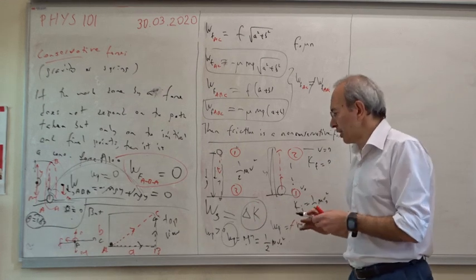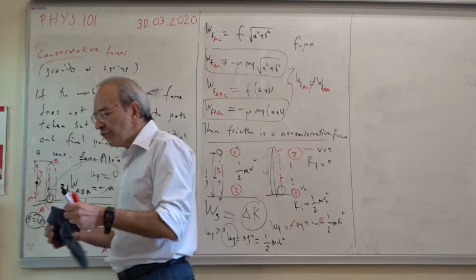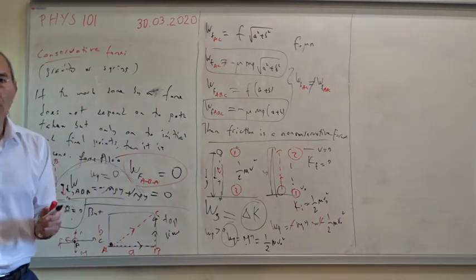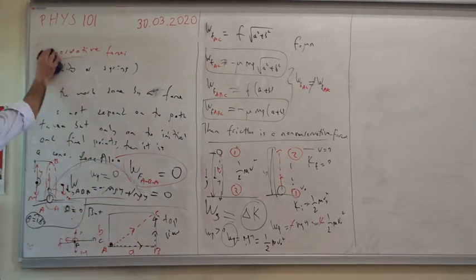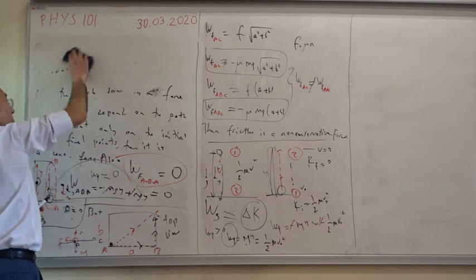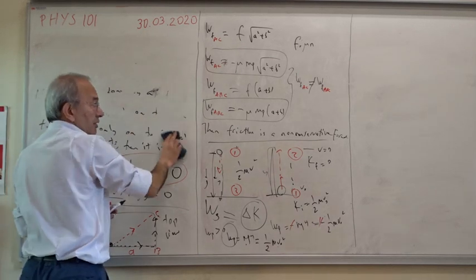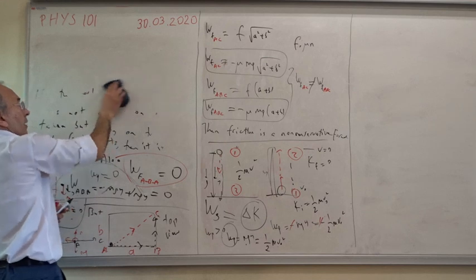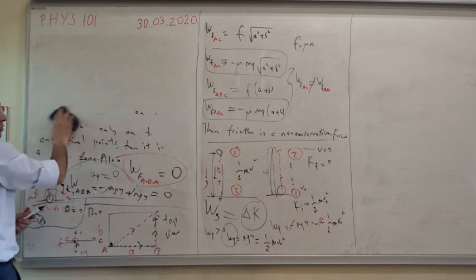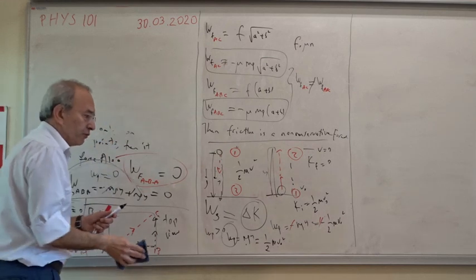This is one way of looking at it. The other way is to define a quantity called potential energy. But potential energies are definable, can be considered, only for conservative forces such as gravity or spring force.